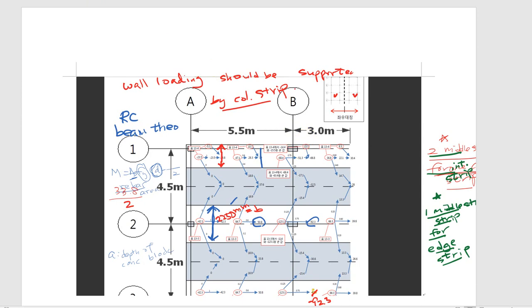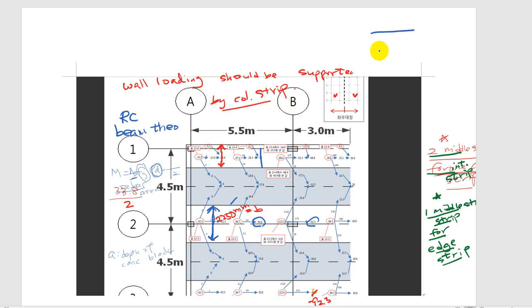Okay, it's hard to draw because this is small, right? From here to this is a wall, so 100 millimeter. And also we have half of the column from here to here. Let me do it this way.